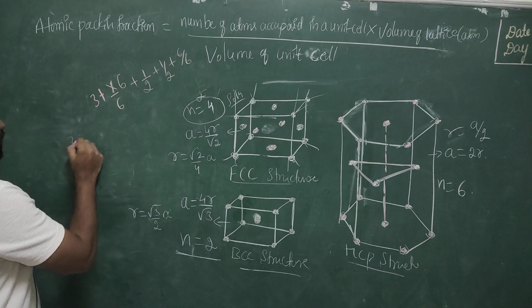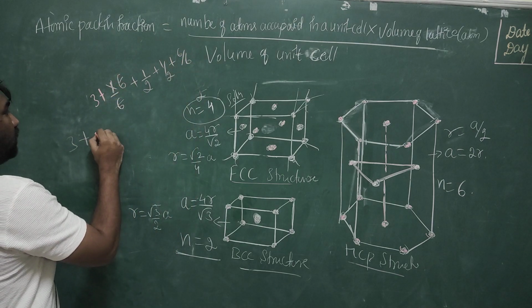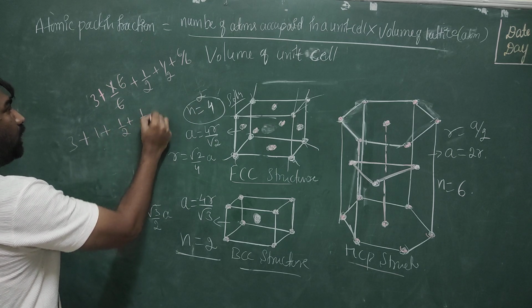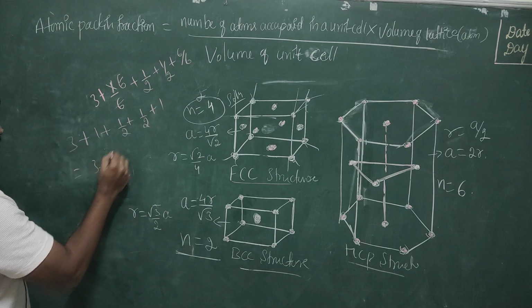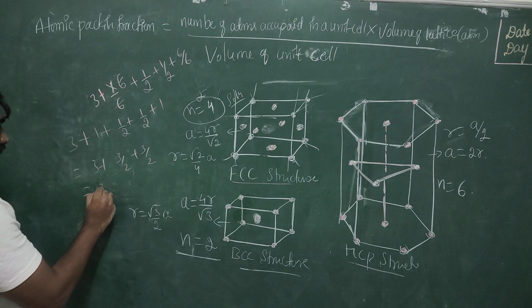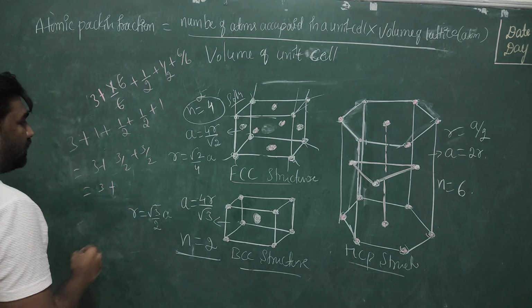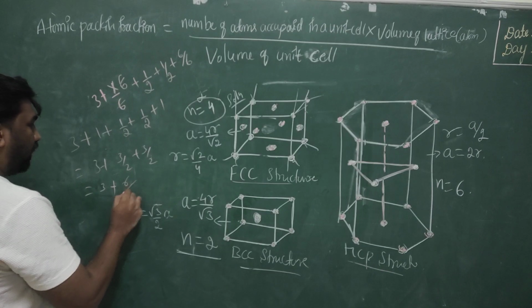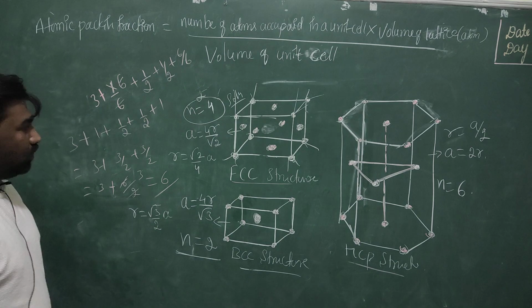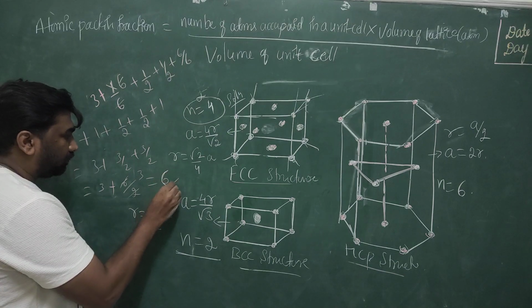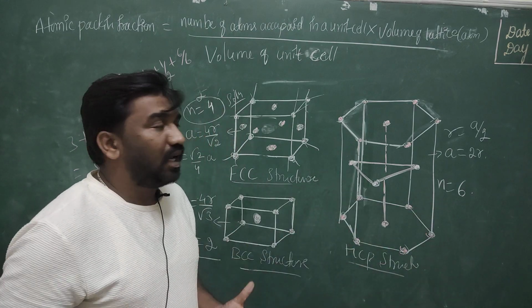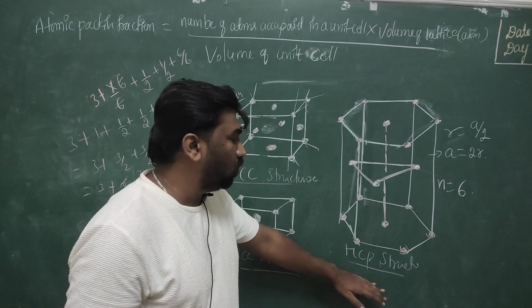So the total is 3 plus 1 plus 1 by 2 plus 1 by 2 plus 1, so 3 plus 3 by 2 plus 3 by 2, so the total answer is 6. Therefore 6 atoms will be there in a unit cell of HCP, the hexagonal close packing structure.